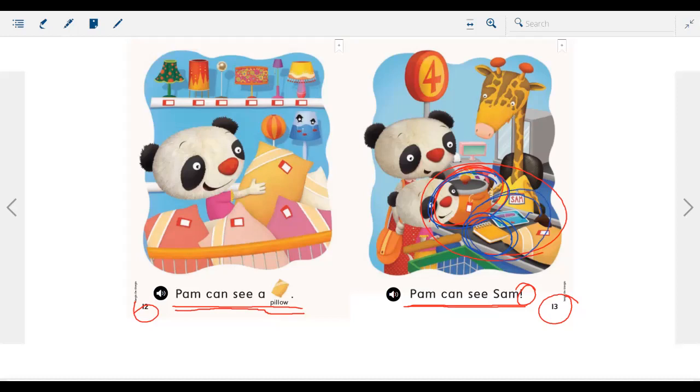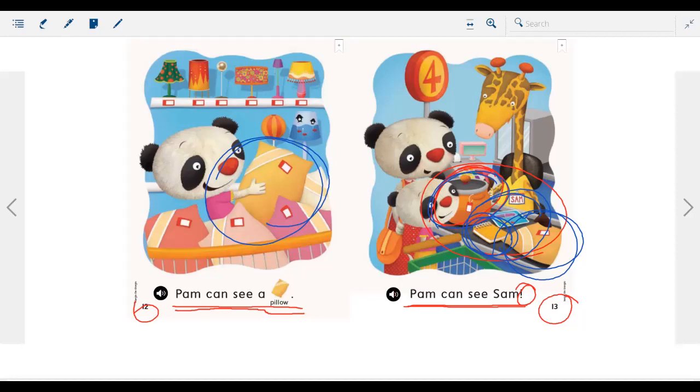There's a pen here. And a pillow. Remember, Pam got the pillow, and now it's right here. So they bought things that all started with the letter P, right?